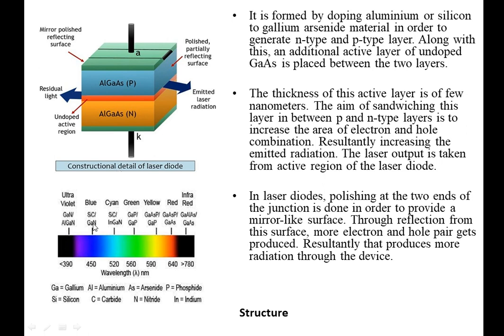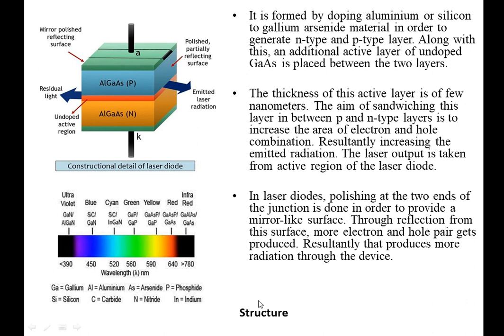Similarly for blue, silicon carbide and gallium nitride. Similarly, for green you should use gallium phosphide, which is of green color. Gallium arsenide for red color. Gallium arsenide, gallium phosphide, indium is for cyan. Blue is for silicon carbide and gallium nitride. So if you use these materials, you'll get that color.